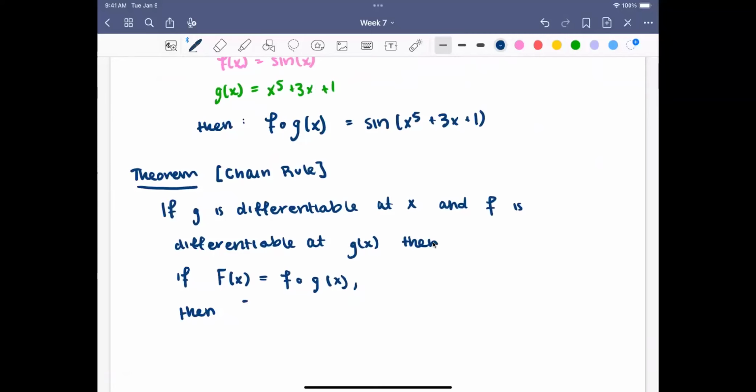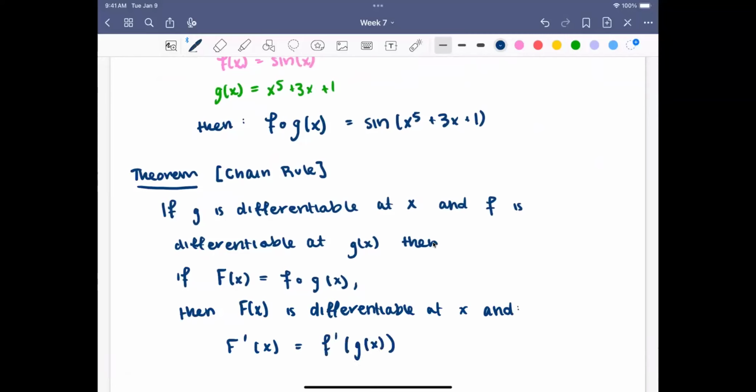So then capital F of x is differentiable at x, and the derivative is F prime of x is equal to little f prime of g of x times g prime of x. Okay, so this is what the chain rule says.